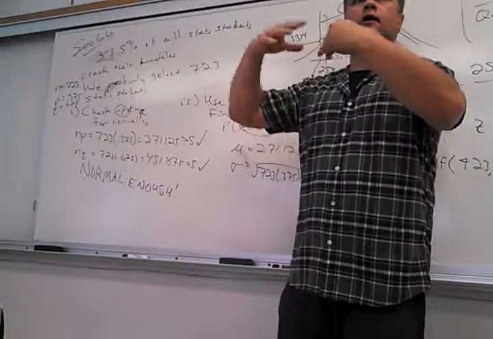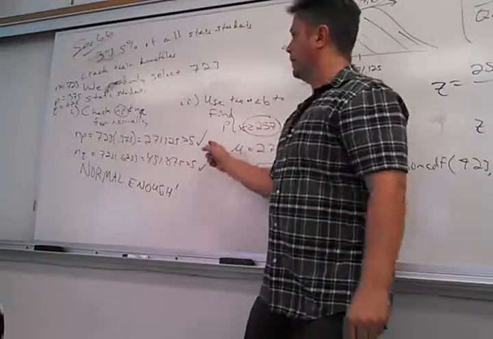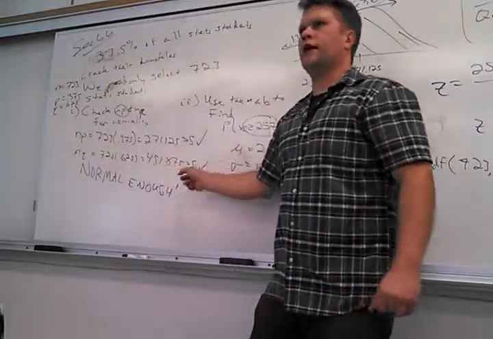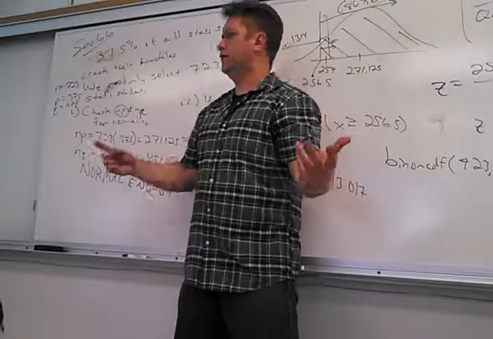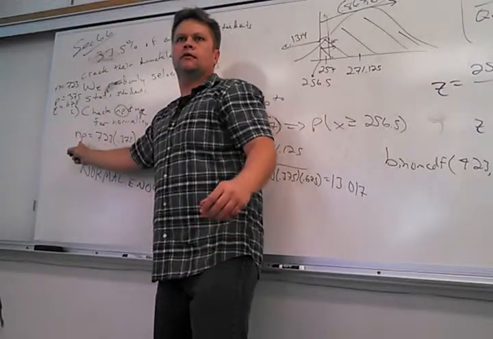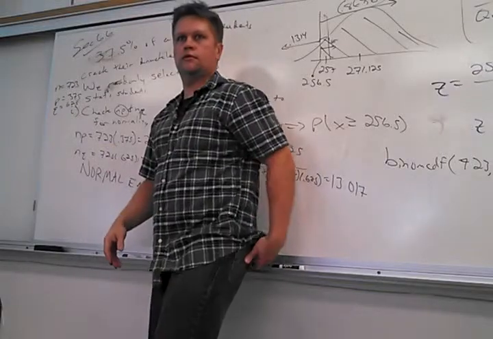But the thing that's going to come back more and more later is this. Because again, probably the most important thing now that we've gotten through chapter 6 in statistics is: is it normal enough to do stuff with? That's the check I take to see if it is normal enough to do stuff with.